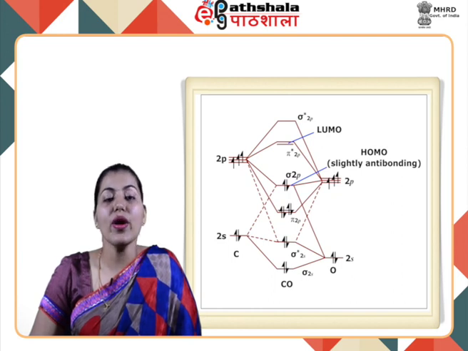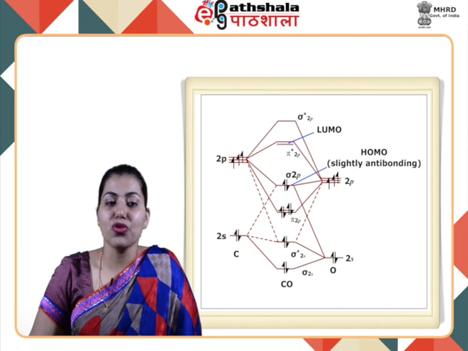Hence the lower energy pi bonding orbital is mostly oxygen in character. The pi star orbital of the carbonyl has its largest amplitude on carbon and has appropriate symmetry and energy to overlap with the T2g orbitals on the metal.